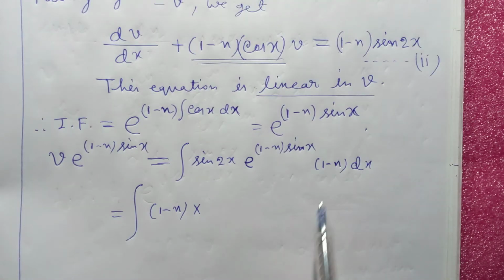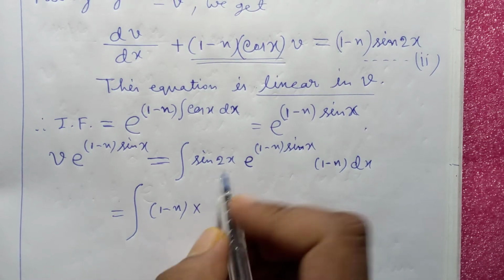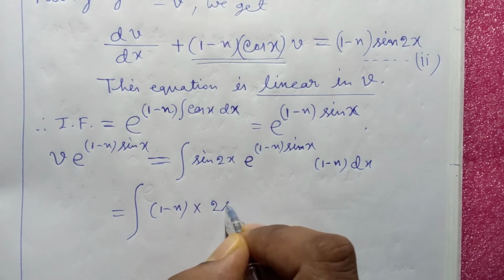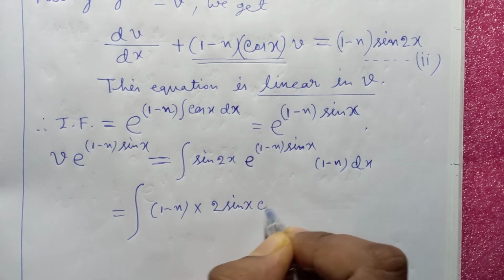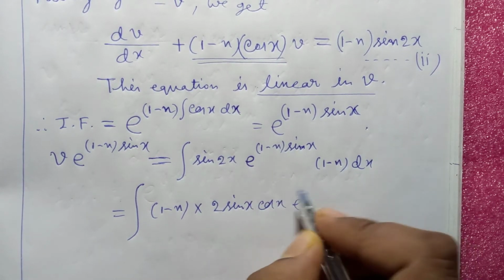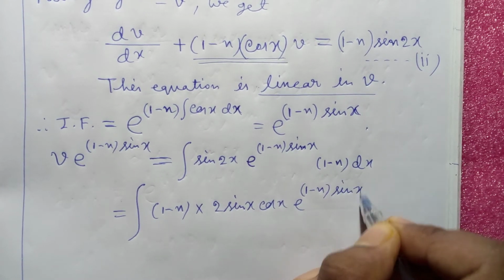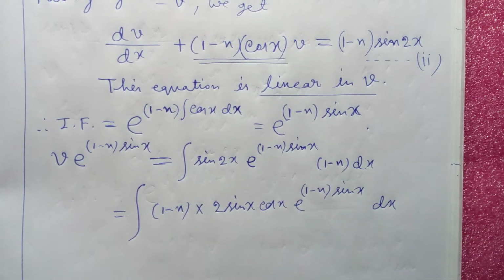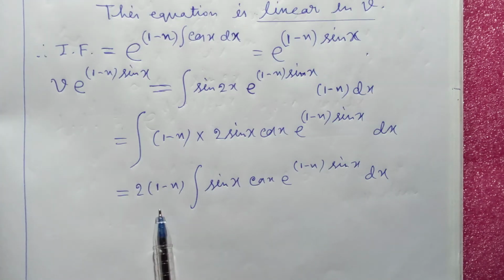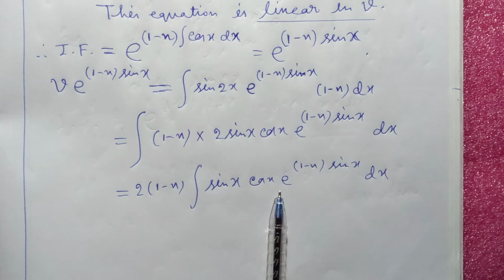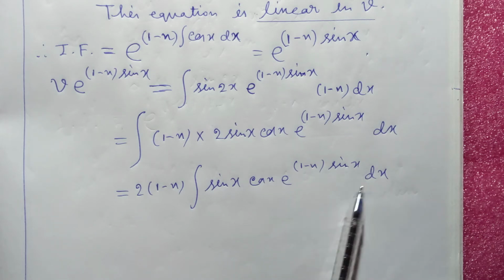We are putting 1 minus n here and breaking sin 2x to 2 sin x cos x, and e to the power 1 minus n sin x dx. Ultimately, we are getting 2 into 1 minus n integration sin x cos x e to the power 1 minus n sin x dx.